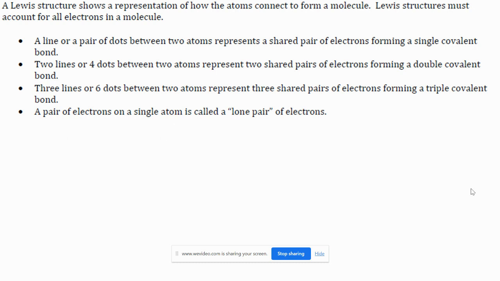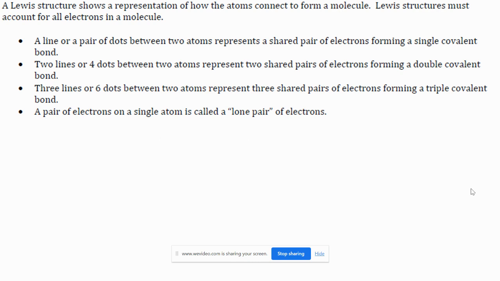Then we go 3, 4, 5, 6, 7, and finally 8 through the P block. Remember all that? How to count how many you got? All right. Typically, when we're doing Lewis dot structures, they're going to be nonmetals anyway. So it's all going to be on the P block side of the periodic table anyway, with maybe hydrogen thrown in. But remember, hydrogen is a nonmetal, so technically he's still available for use.